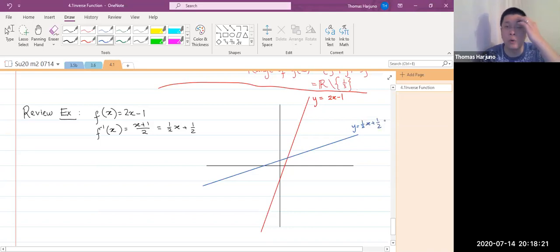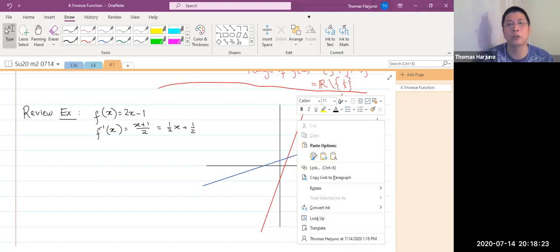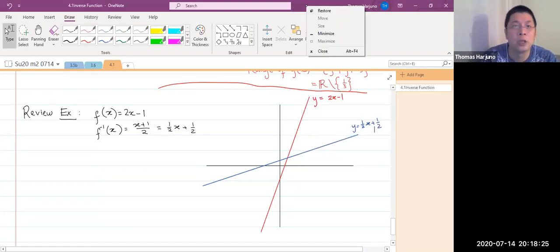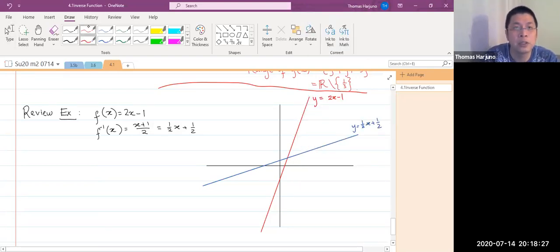Now we will go into much more detail as follows. Notice the y-intercept of the original function is (0, -1). That y-intercept for the original function relates to the x-intercept of the inverse function.